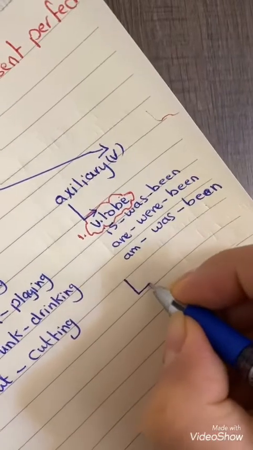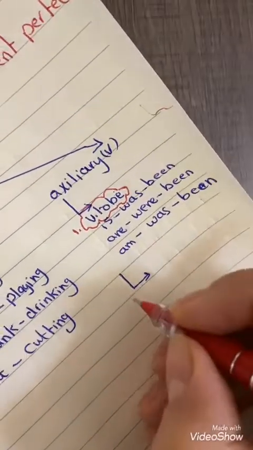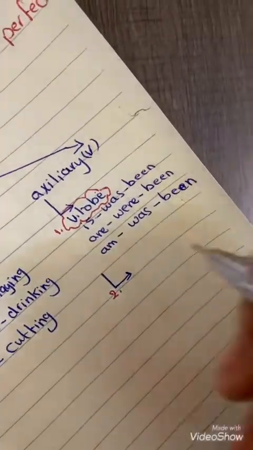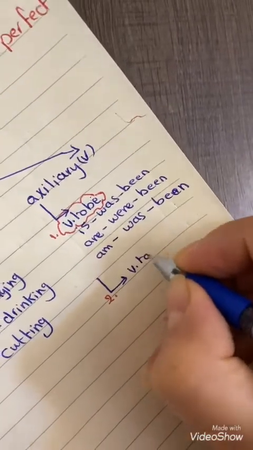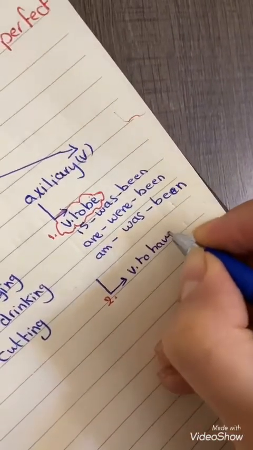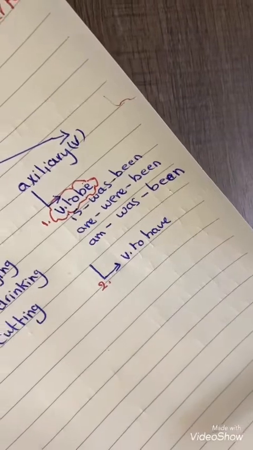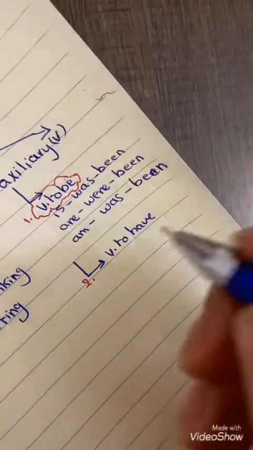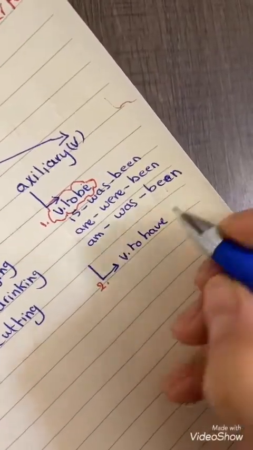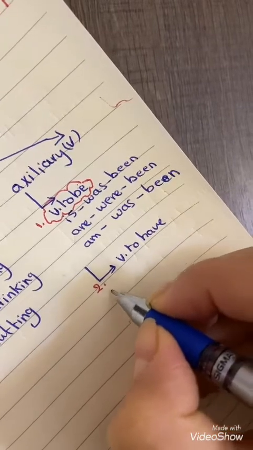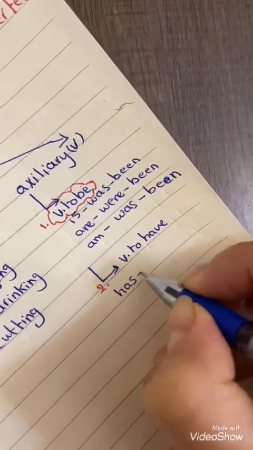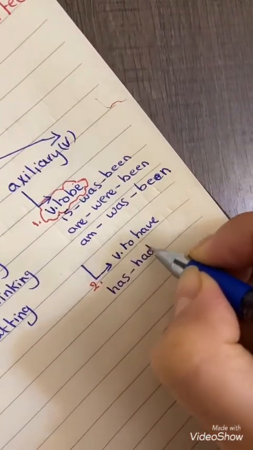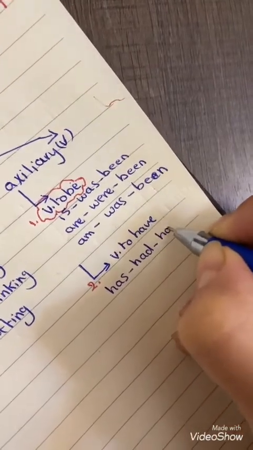The second part is the verb to have. What are the verbs to have? Has. What is the past of has? Had. And the past participle is had.